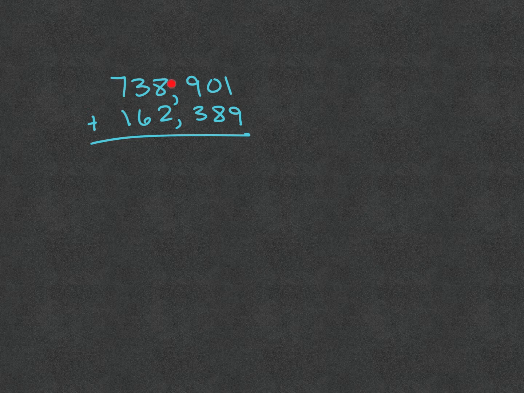First, I want to round this to its greatest value, which is the 7. Look at the neighbor, that's a 3. A 3 is a stay number. Anything 4 and below is a stay number. So it's going to tell 7, stay the way you are. So 7 will stay the way it is. And the remaining numbers will be zeros.